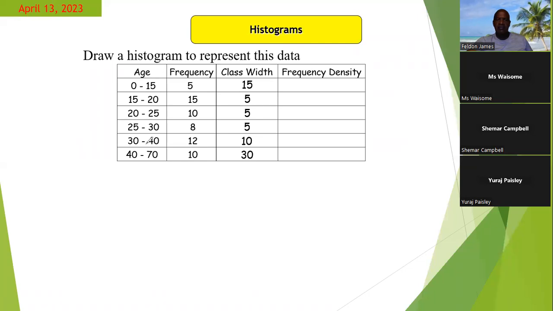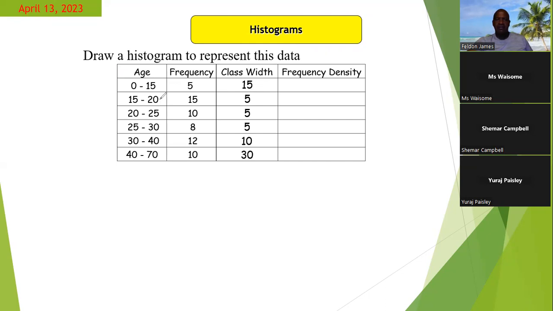But these are labeled differently. So the width of the class would be just the value between the lower limit and the upper limit. So this class starts from 0 and it ends at 15. So it has a class width of 15.